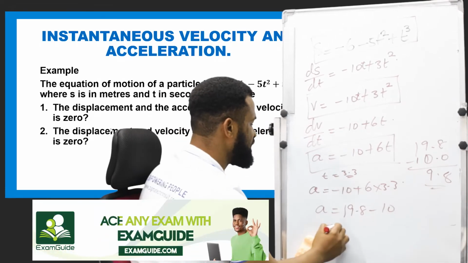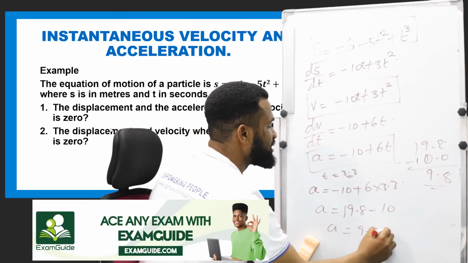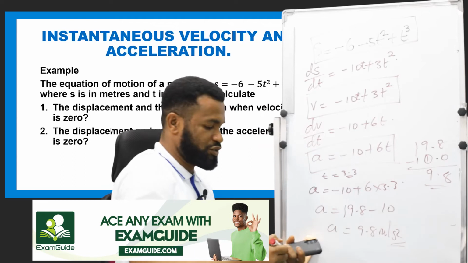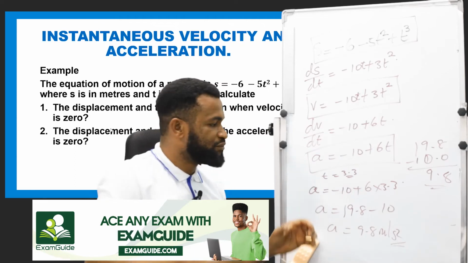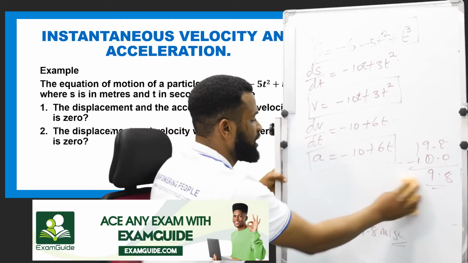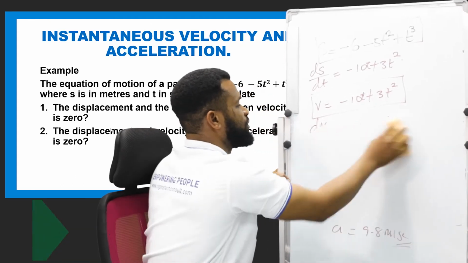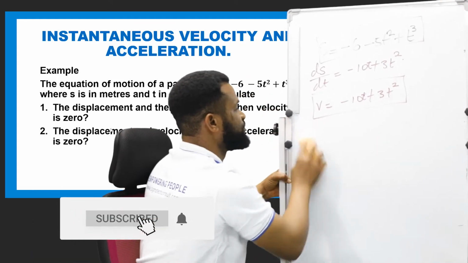So we have acceleration as 9.8 meters per second square. That is the acceleration at the time when velocity is equal to 0.